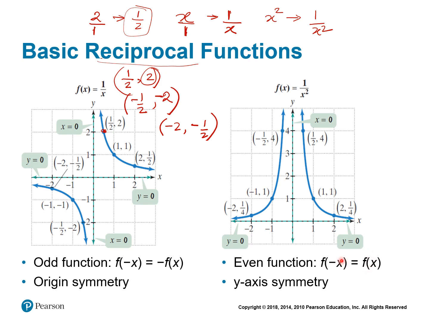When we replace x with negative x, the y value still remains unchanged, f of x. And that's what we see here. When we replaced half with its negative counterpart, negative half, the y value didn't change. It was still positive 4. 1 comma 1, we replaced 1 with negative 1. The y value still remained positive 1. And likewise, when we replaced 2 with negative 2, the y value remained positive 1/4.